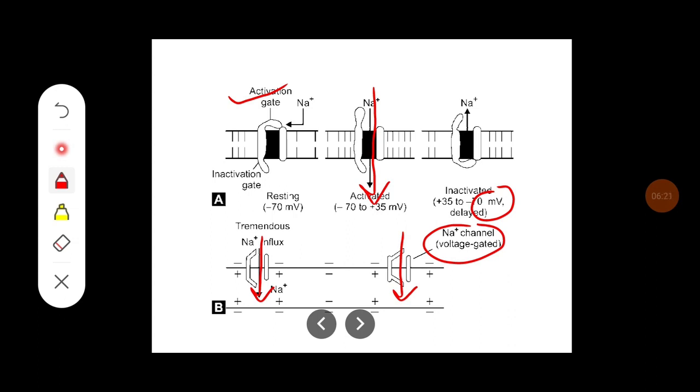The stimulation of adjacent voltage gated channels is called the Hodgkin cycle. That is, the change in the polarity stimulates the adjacent sodium channels, and the entry of a massive amount of sodium ions is called the Hodgkin cycle.